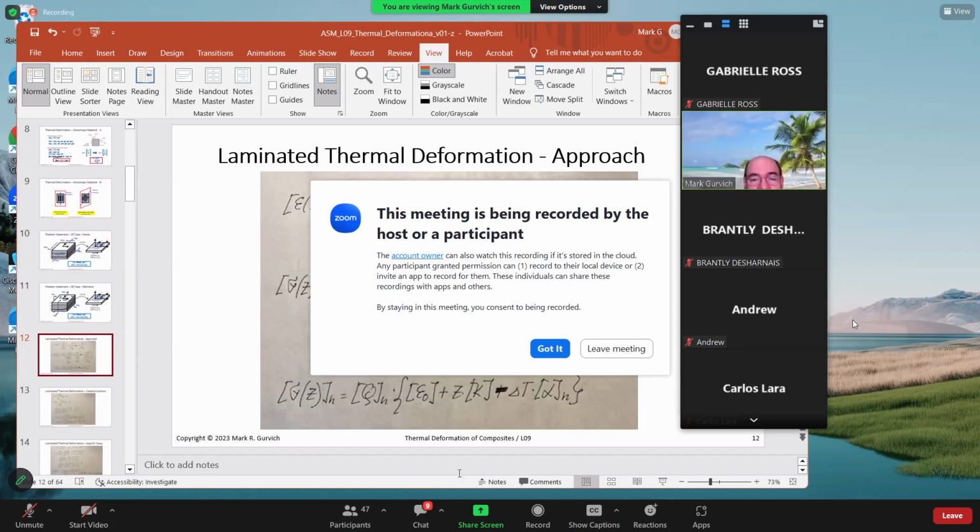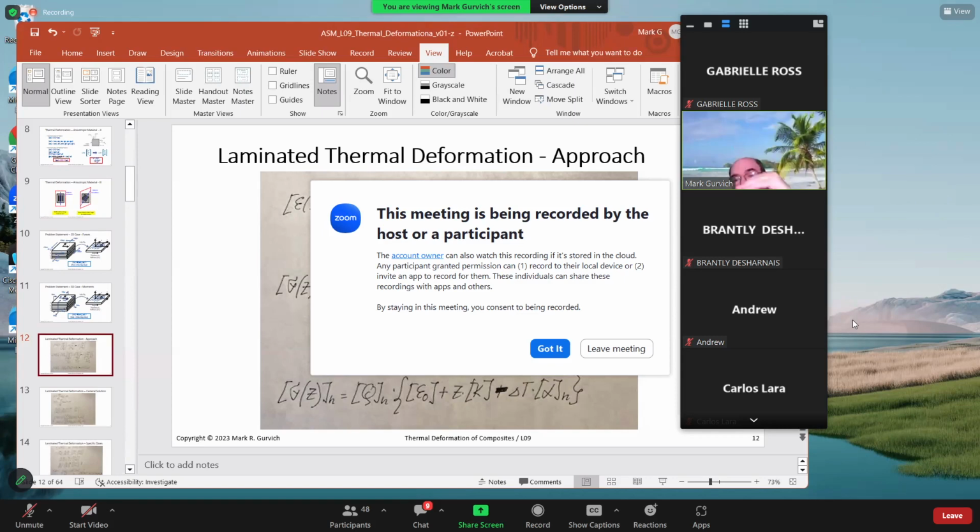Remember, when we discussed deformation of a laminated package, strain in the xy coordinate system as a function of z is proportional to the neutral-position strain, strain sub 0, plus a component proportional to the curvatures, kappas, multiplied by z. If z is at the center, there is no curvature.